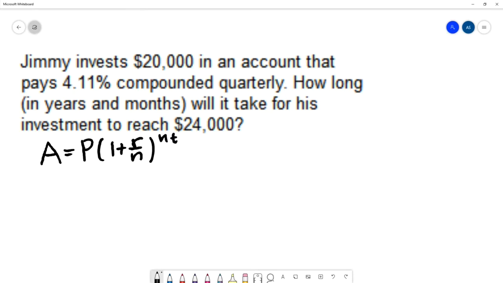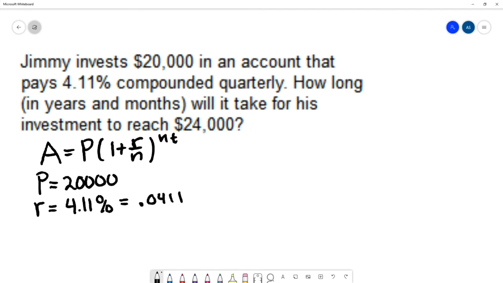Jimmy invests $20,000, that's his initial investment, the principal. An account that pays 4.11%, that's our interest rate, and when we use it in the formula, we want to use it in the decimal form, 0.0411.